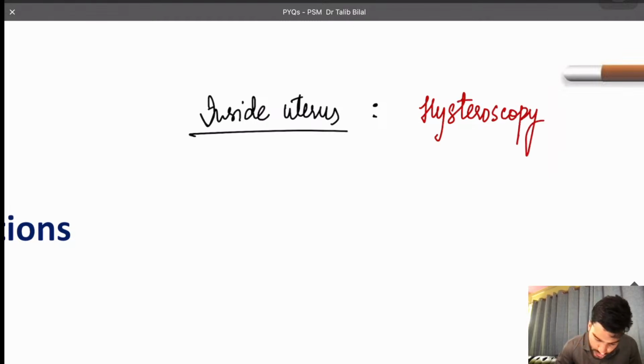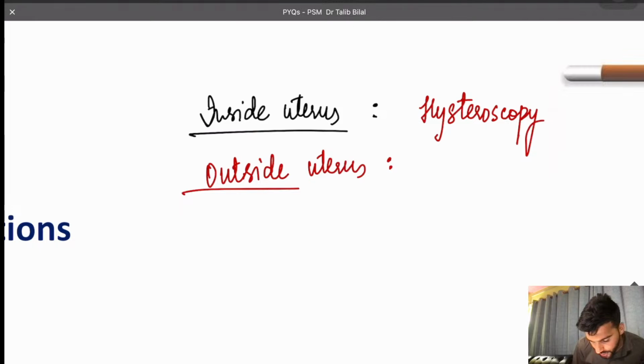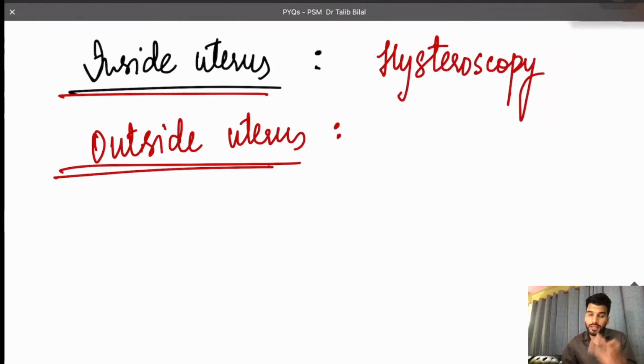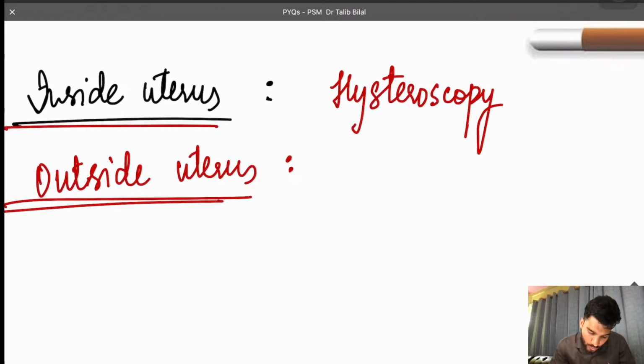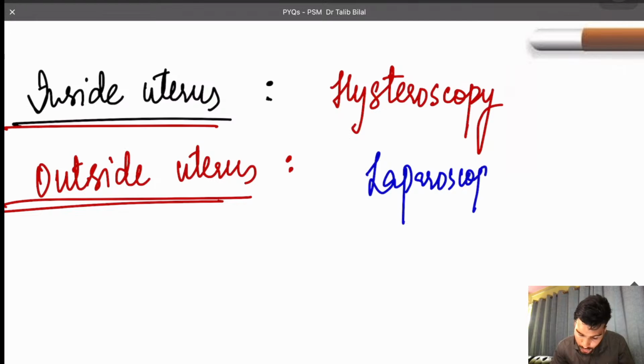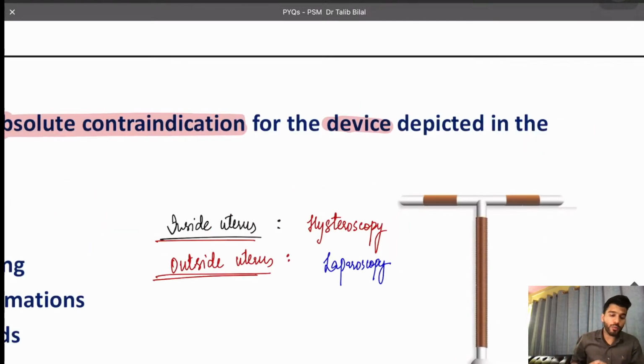If the question mentions it's outside the uterus, how will you remove it, my dear students? Laparoscopy. This will be the hint in the question. If the device is inside the uterus, you go with hysteroscopy; if outside the uterus, you go with laparoscopy. And after removing the intrauterine contraceptive device, if the patient says she still wants to keep the baby, advise her and tell her about the risk factors, that there can be chances of abortion of more than 50%.